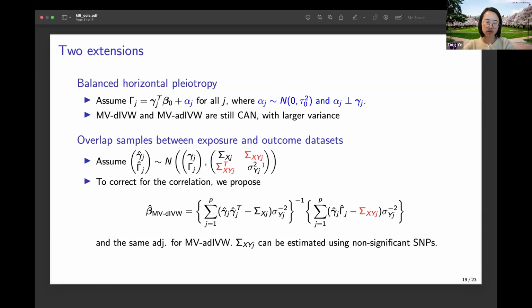And this leads to additional bias because of the correlation. But we can easily adjust it. We just subtract this correlation matrix in the numerator part, and then this can have good performance. And this same adjustment can be applied to the adIVW. And sigma, this correlation matrix, can be estimated using non-significant SNPs. So more details are in the paper.